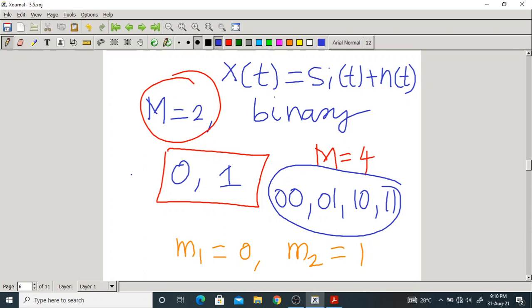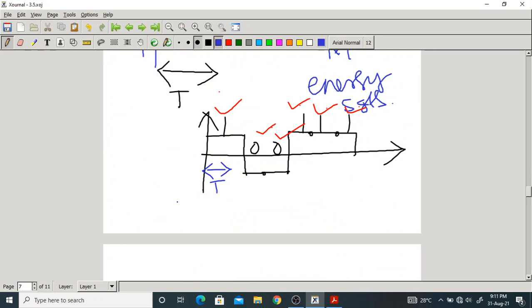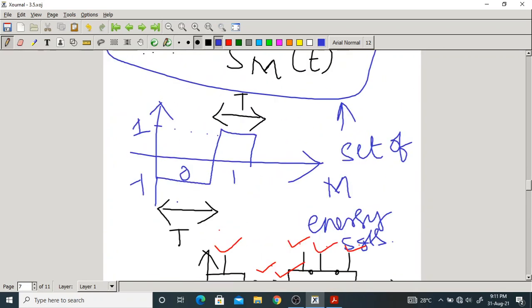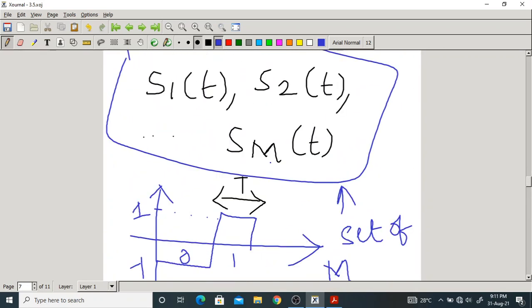If M equals 8, 000 to 111, each symbol will have 3 bits. We'll discuss everything later. So M is the number of distinct symbols, and after modulating them, you get a set of M energy signals called S1 of t, S2 of t, and so on, Sm of t.